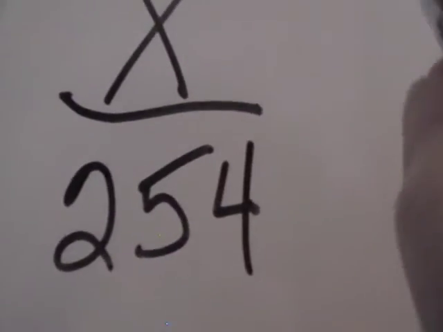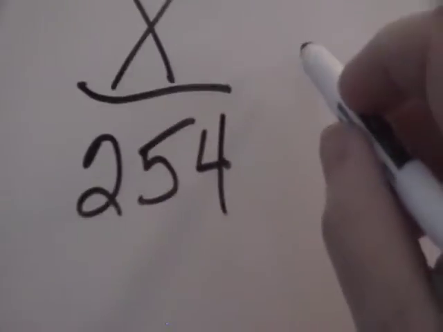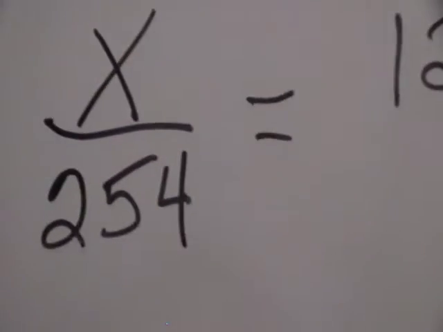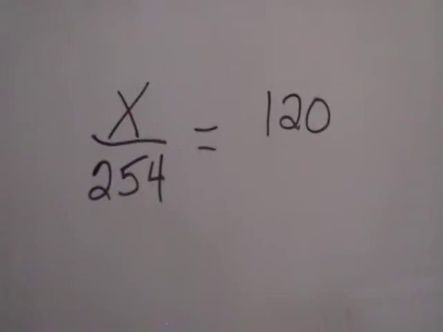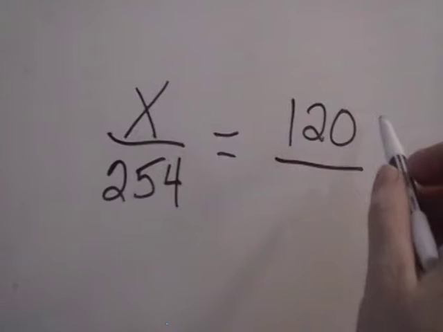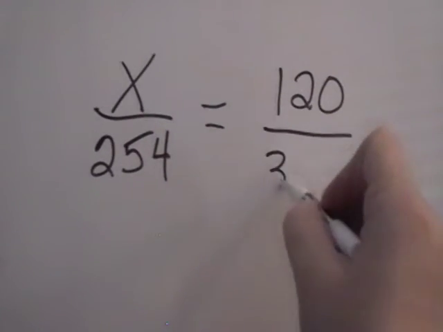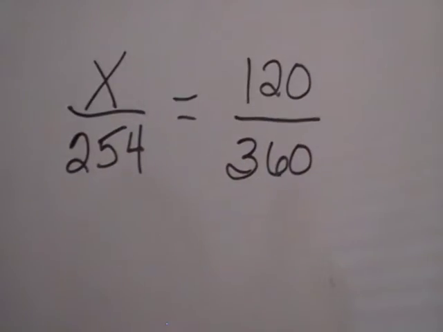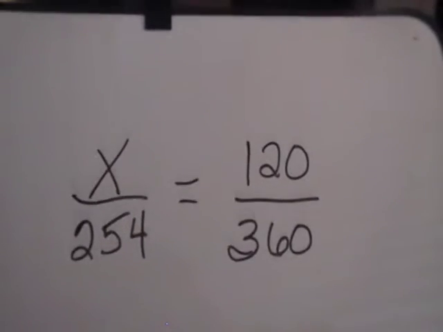So that was step 1 of that solution. Then our proportion, the measure of the central angle they've told us is 120 degrees. And the measure of a whole circle, we should know, is 360 degrees.